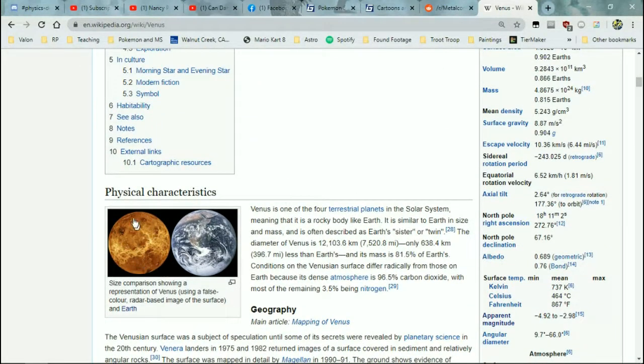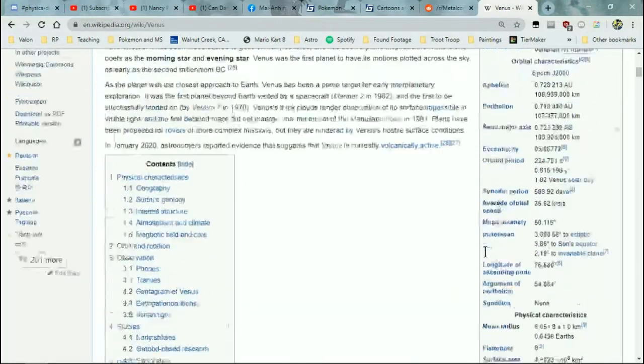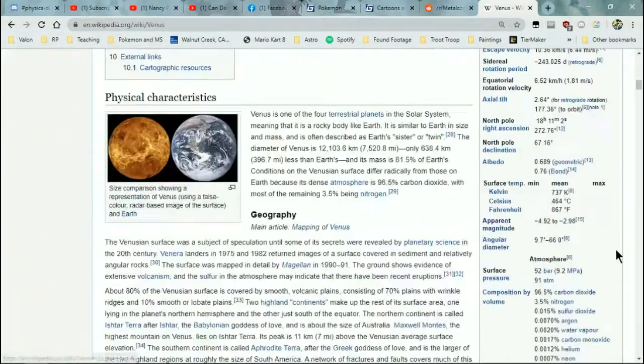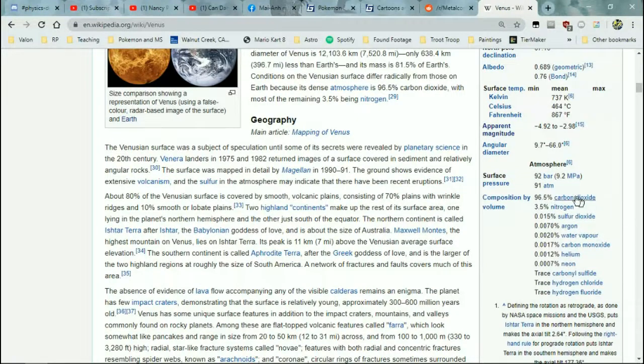See, here's kind of what the surface of Venus would look like, but we can't see the surface because it has a stupidly thick atmosphere of, let's see, 96% carbon dioxide, sulfur dioxide, and all this other stuff. Earth's atmosphere is like 0.1% carbon dioxide, and I think it's actually less than that. That's what people are worried about, and we should be worried about.